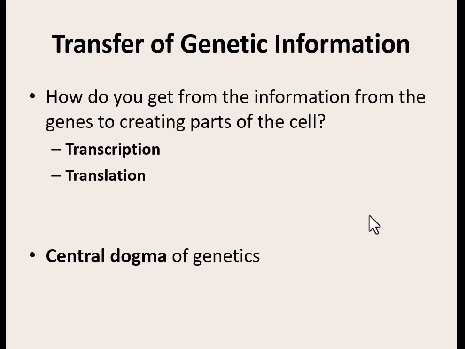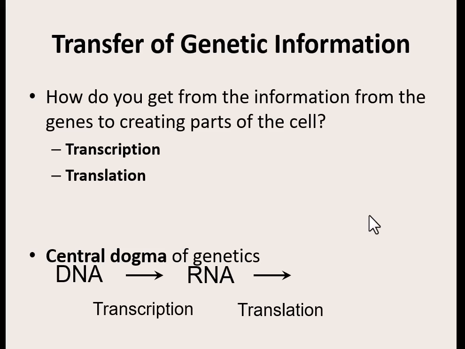It's called the central dogma of genetics, meaning it's extremely important. We have DNA, and through transcription, we can make RNA, specifically messenger RNA. And then from that RNA, we can translate it into polypeptides or proteins. So the idea is that we're going to take DNA and code it out into proteins.